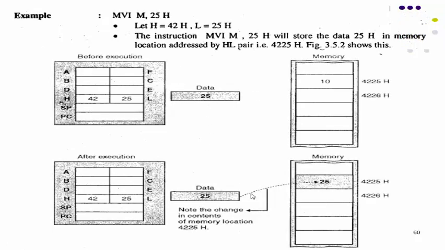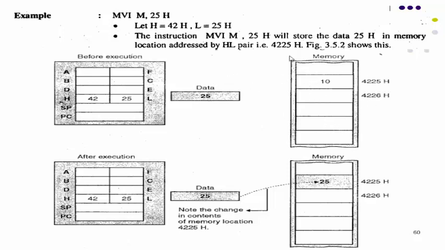Once again, the two cases, before the execution and after the execution of the instruction. Before execution, suppose in H register we are having 42hex, in L register 25hex, and the MVI M, comma, 25 immediate data, 8-bit immediate data instruction is going to execute.